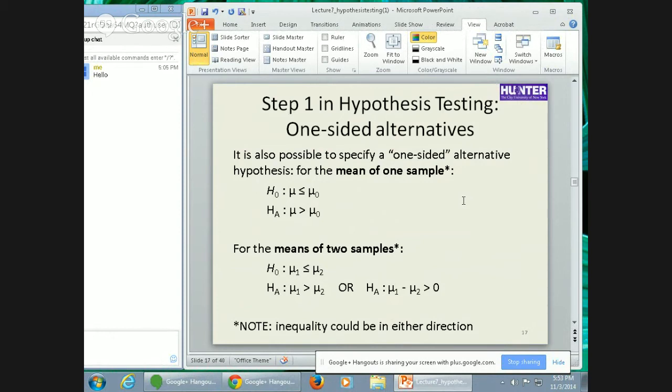But in a case like the effect of treating malaria on anemia, I think it would be inappropriate to use a one-sided test there, because there is a possibility that, through some unintended consequence, who knows, perhaps it is actually harmful.